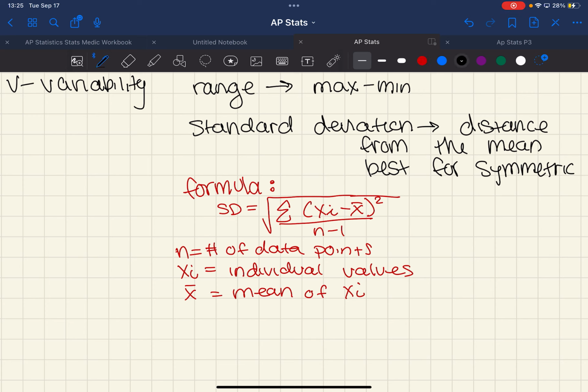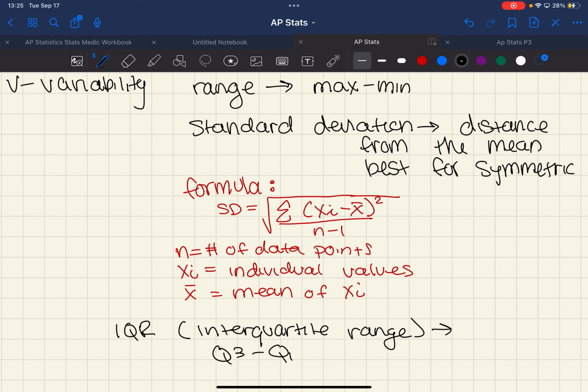And then the last method to find variability is the IQR method, which is called the interquartile range. We calculate this by subtracting the first quartile from the third quartile, so Q3 minus Q1.